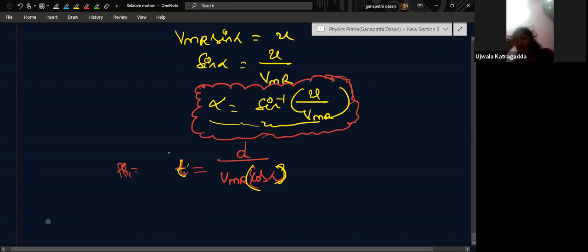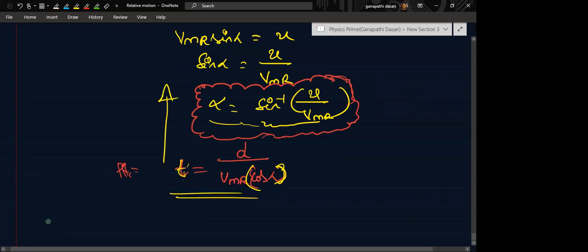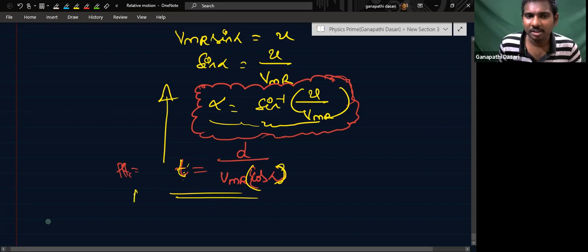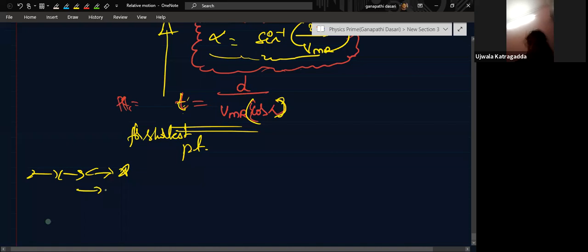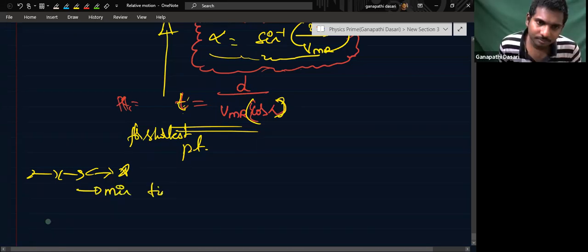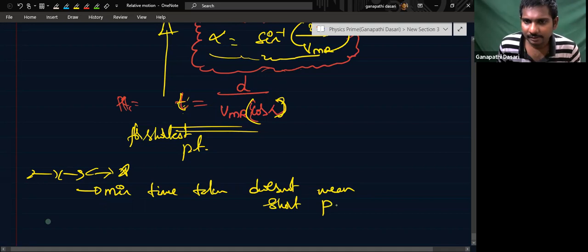Time taken in this condition is for the shortest path. Here I'll give you this note point: minimum time taken does not mean shortest path.